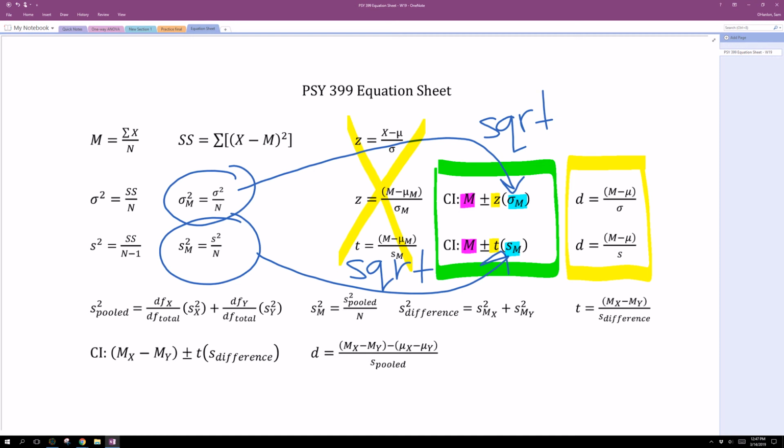Because here you're comparing the sample mean to the population mean, and you're dividing by standard deviation, so you're turning it into units of standard deviation. So what D tells you is how many standard deviations your sample mean is from that population mean, much in the same way that Z tells you how far your score is from your mean.